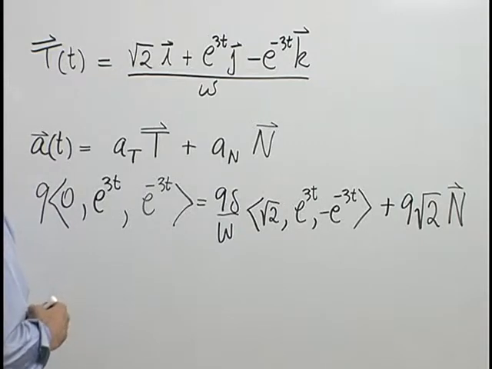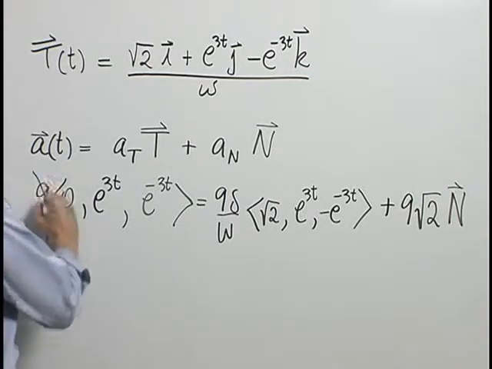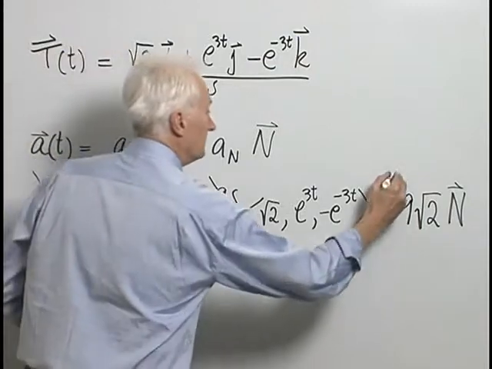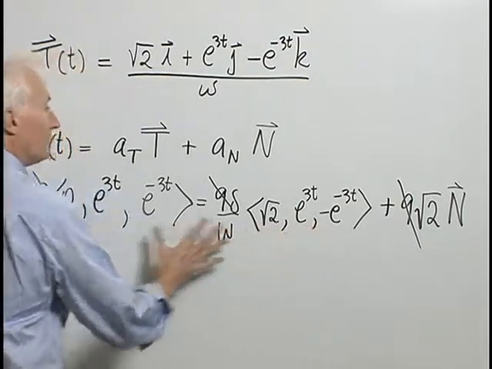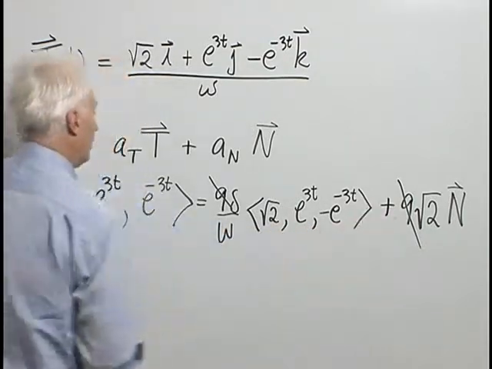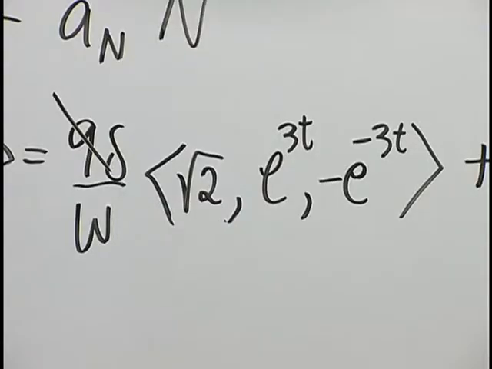So in order to finally solve for N, we can first notice that the 9s cancel. And consequently, all I have to do is shift this term to the other side and divide by square root 2. Let's begin by dividing by square root 2.